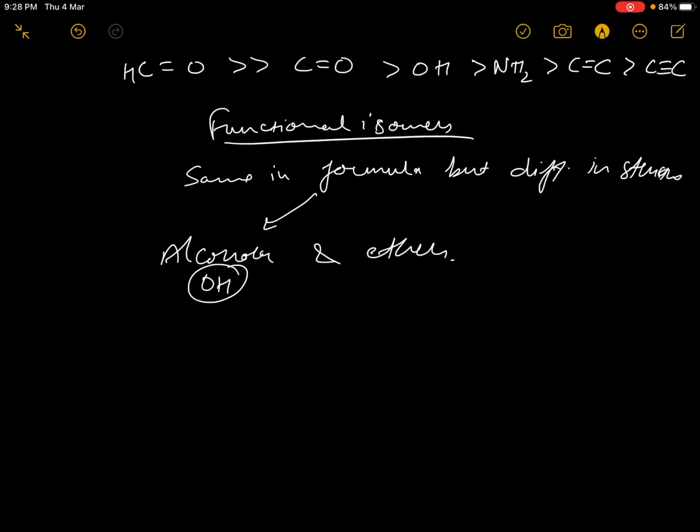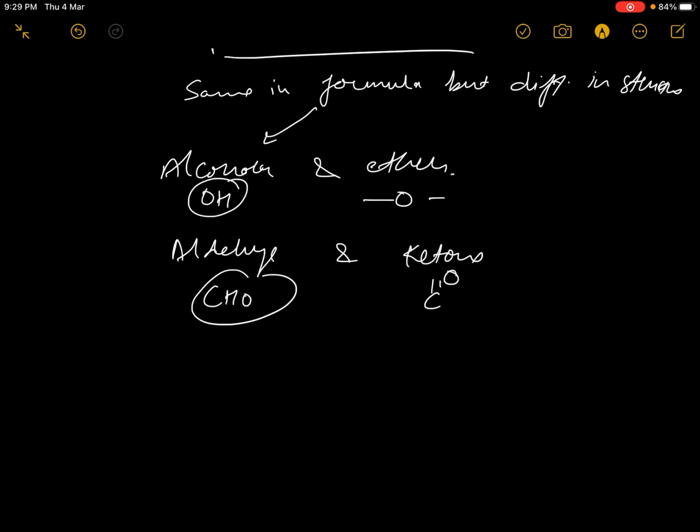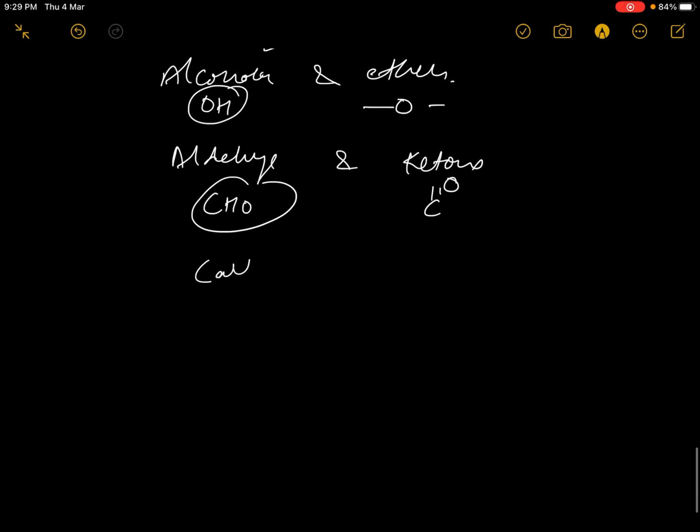Alcohol contains the OH part and ether contains only this O. There are the aldehyde and the ketone, with C=O and CHO, and another is the carboxylic acid and the esters, COOH and ROOR.